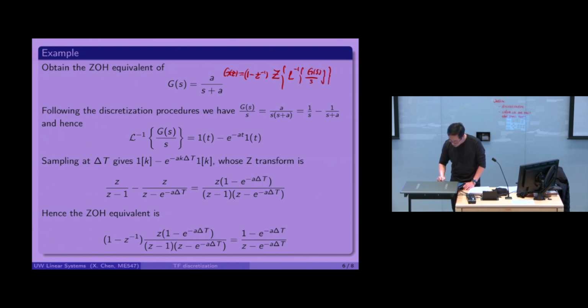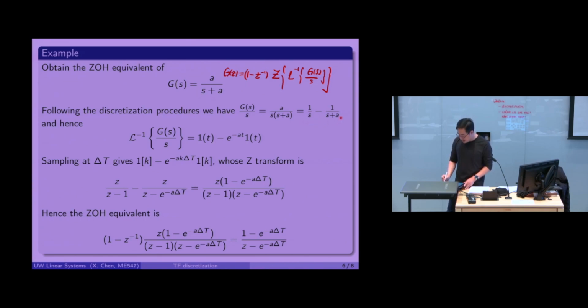Starting with the inverse Laplace transform of Gs over S, this is quite easy with partial fraction expansion. We can factor Gs divided by S into two terms, where Gs equals A over S plus A.